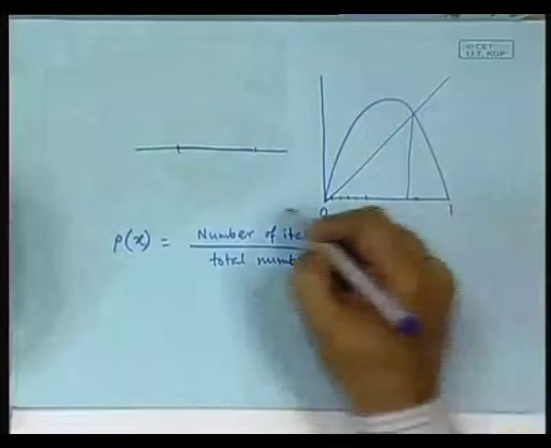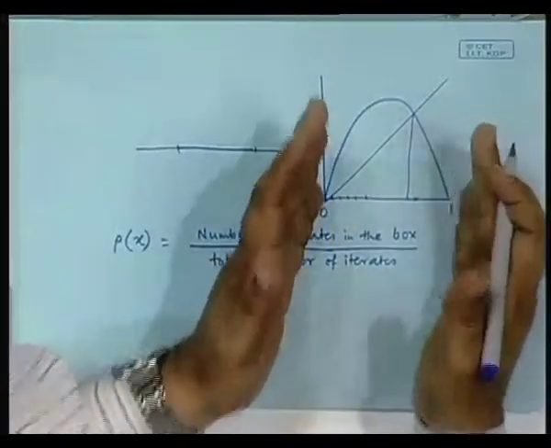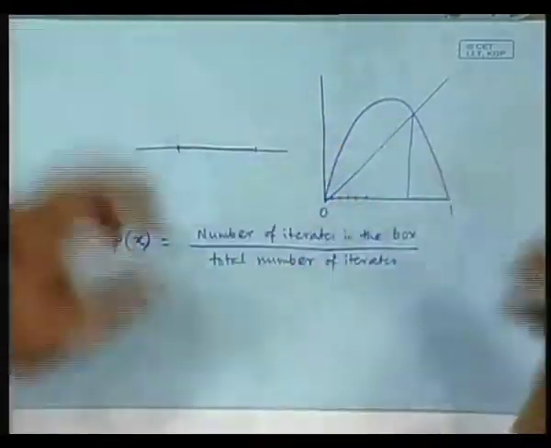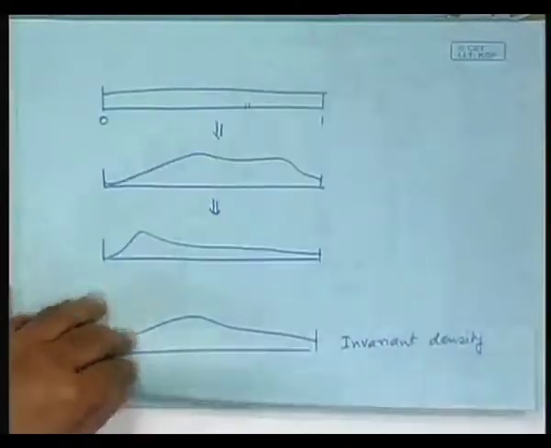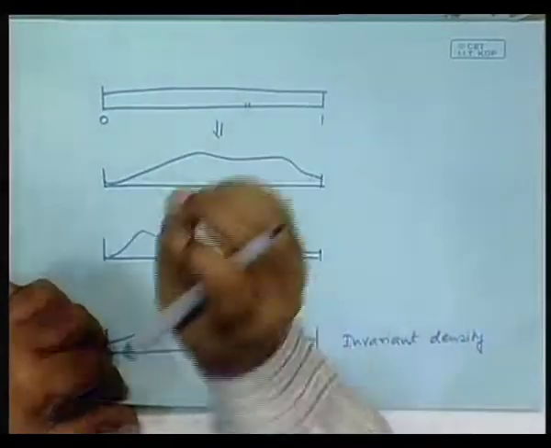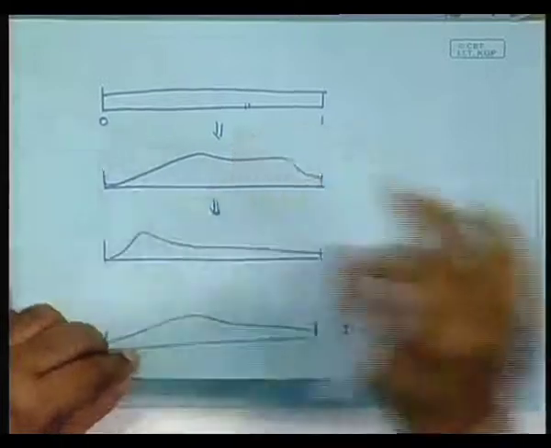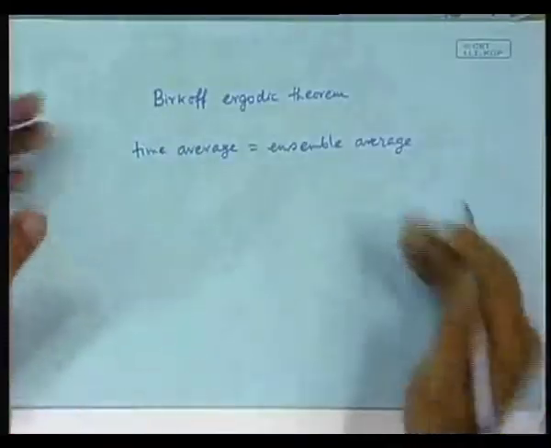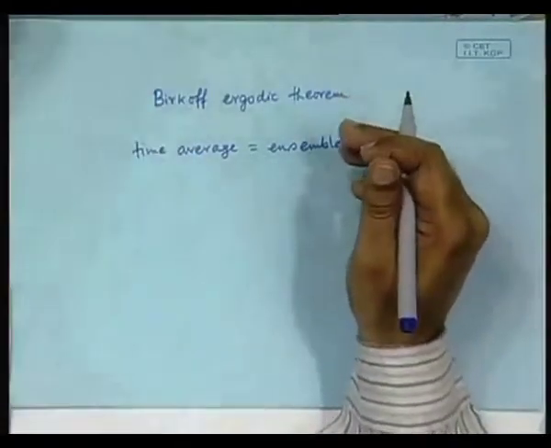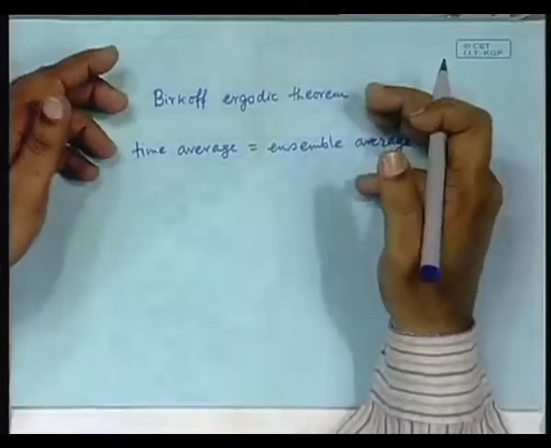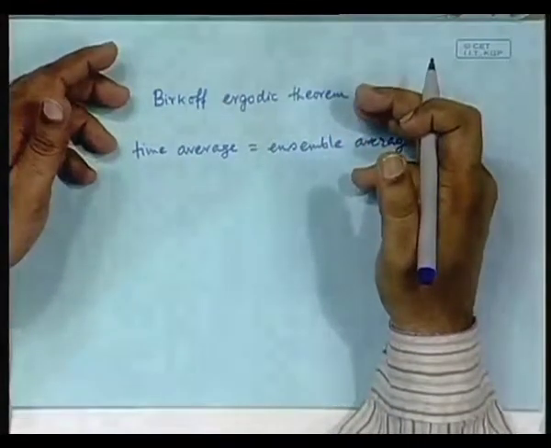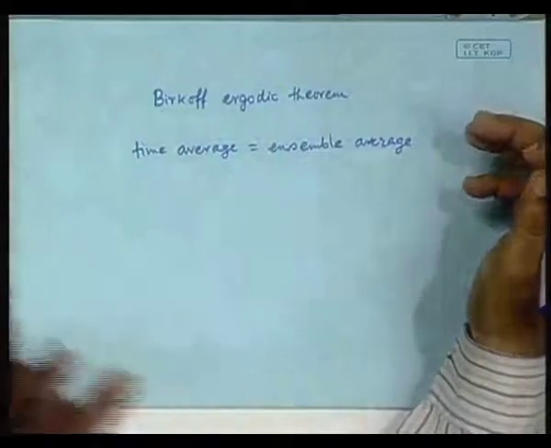That means every part of this range is visited. So such systems are called ergodic. But rigorous mathematical definitions are not all that necessary for you. The point is that for ergodic systems, chaotic systems are ergodic systems, then the time average is equal to the ensemble average.